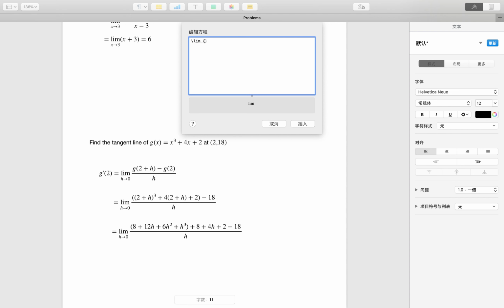And we have the limit as h approaches 0 of h cubed plus 6h squared plus 12h plus 4h, so it is 16h, over h. Yes, it is still over h.